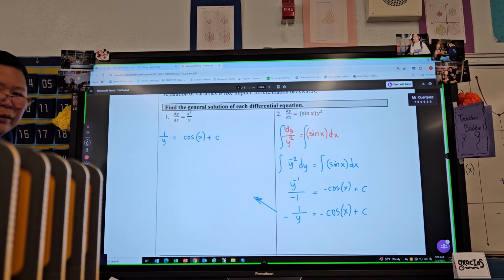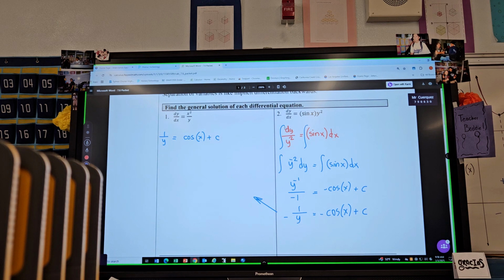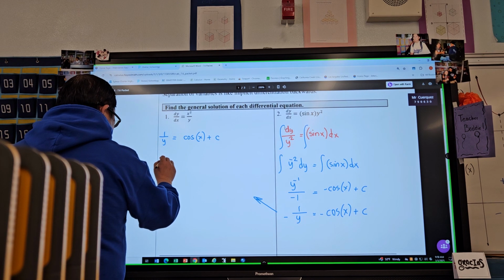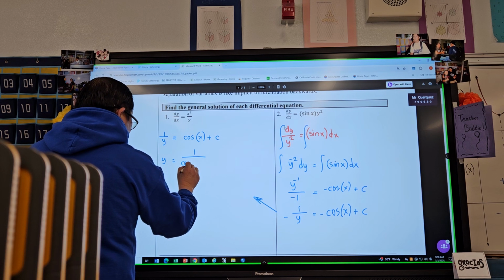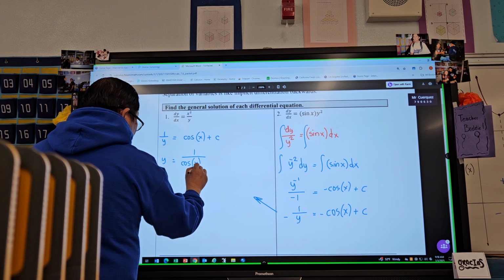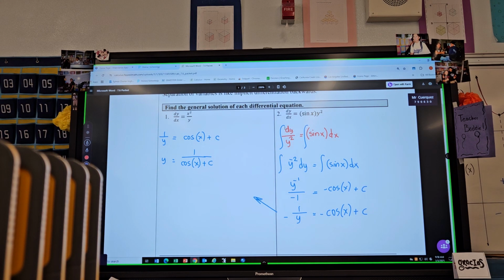But again, we are solving for y, so what we do is we're gonna reciprocate both sides, the left and right. You get me, guys? So the final answer would now be y is equal to 1 over cosine x plus the constant. Any question?